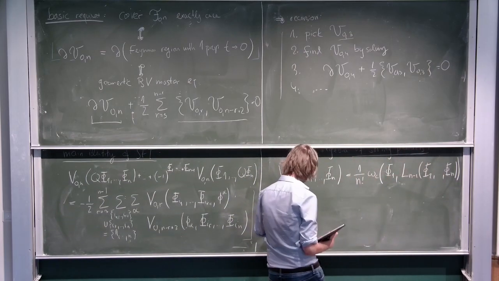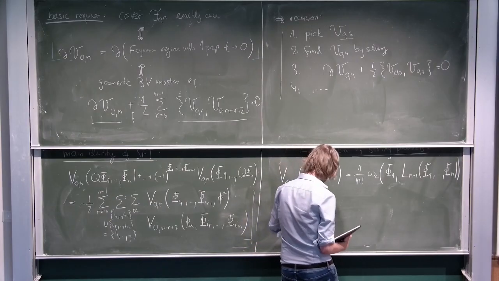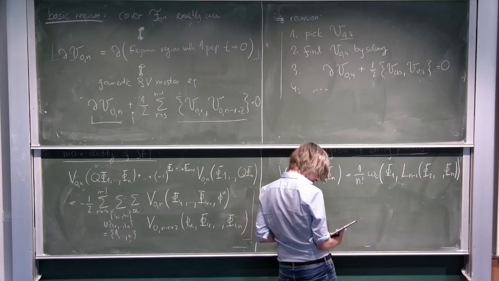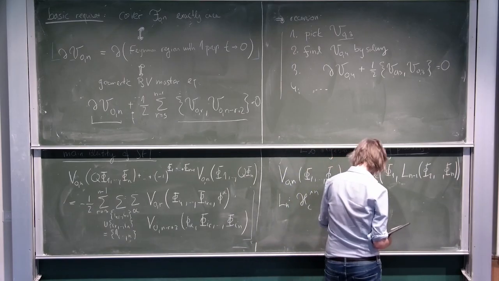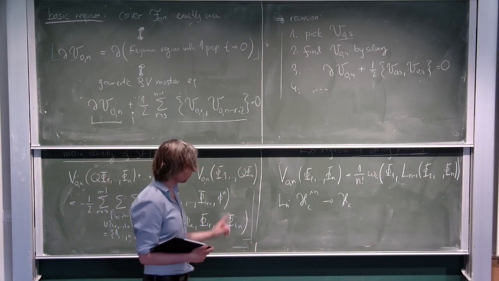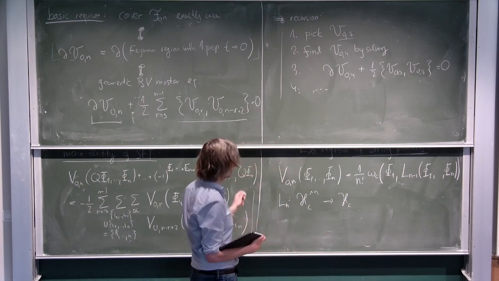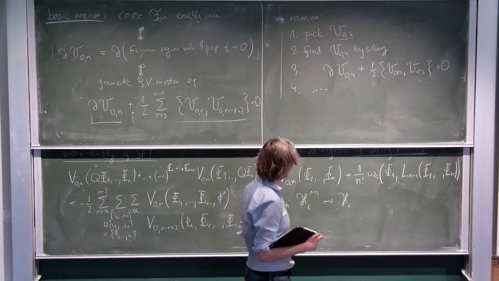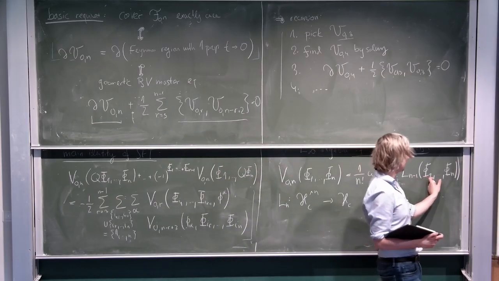So as I said, L_n should be thought of as a map from n copies of the string Hilbert space. It's a linear map. Okay, so let's talk about its properties. It's a map which needs to be totally symmetric in its arguments, right?